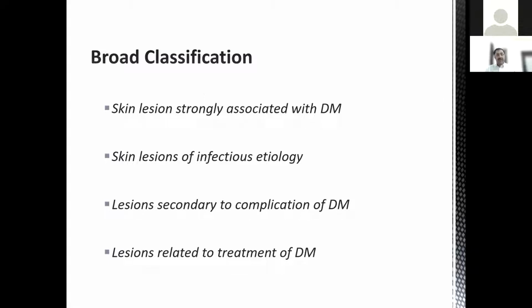Now we will discuss the broad classification of skin lesions. First, there are skin lesions which are strongly associated with diabetes, then skin lesions of infectious etiology, lesions secondary to complications of diabetes, and lesions related to the treatment of diabetes.